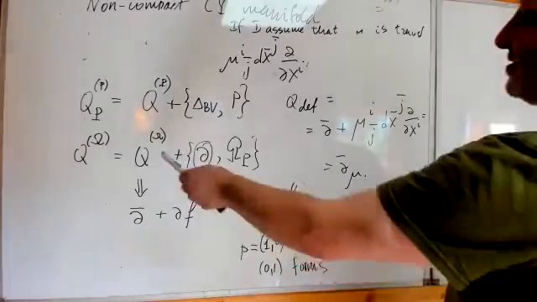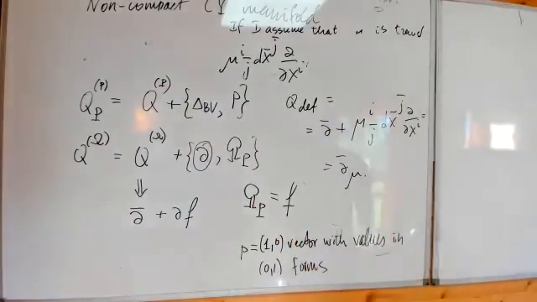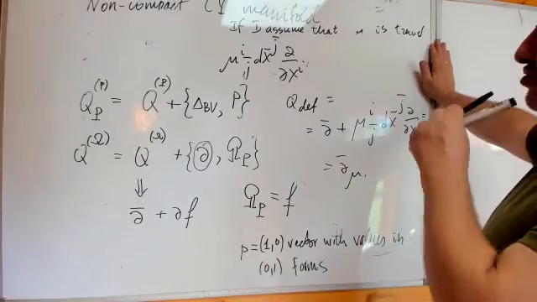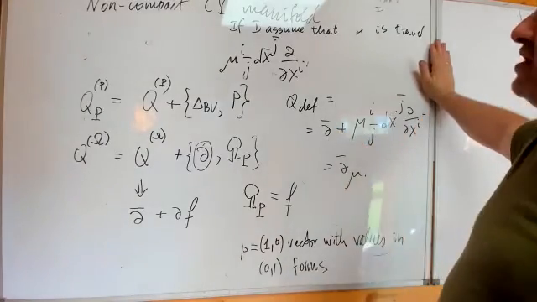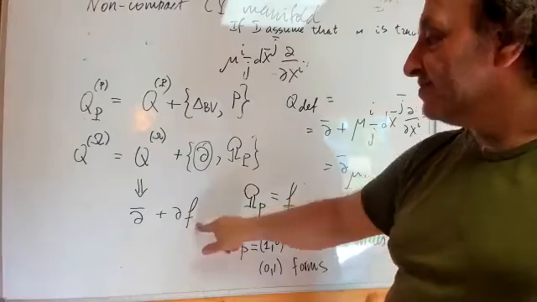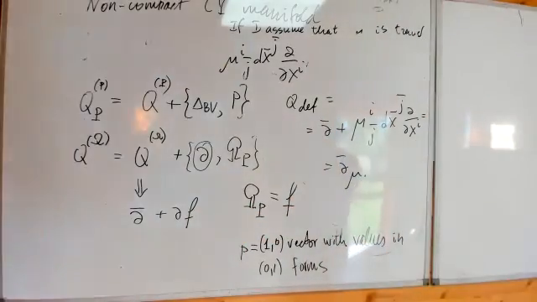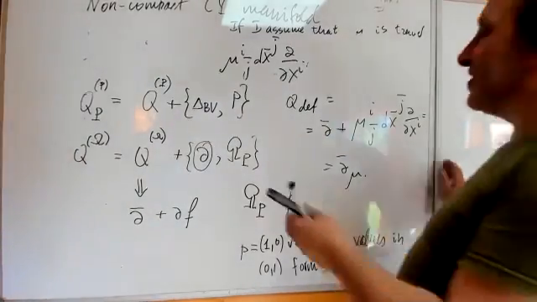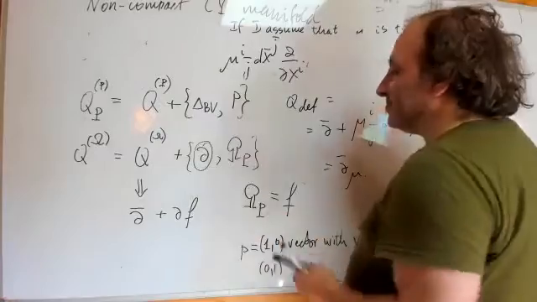So it means that this formula actually gives deformation of complex structure, or with the function, generalized complex structure. So I explained it to the first order.